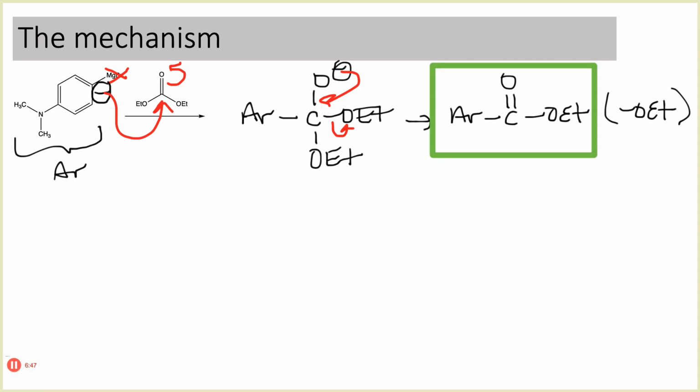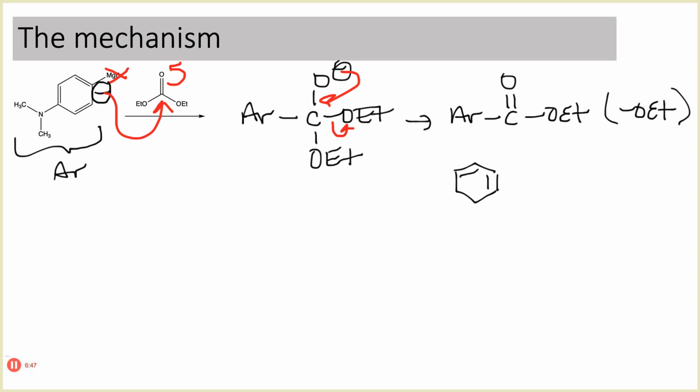And that looks like a perfectly stable compound, and it is. However, if there is any more of my Grignard reagent around, which there will be because we're adding 3 equivalents relative to the diethyl carbonate, it'll just add again.